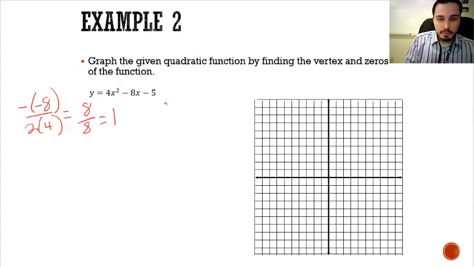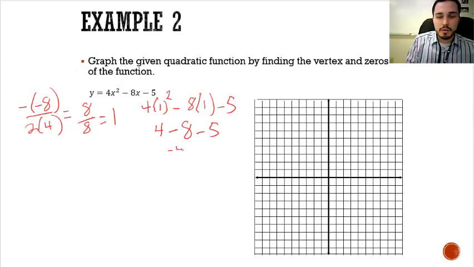If I plug 1 back in, I get 4 times 1 squared minus 8 times 1 minus 5. Okay, so simplify that. That's 4 minus 8 minus 5. 4 minus 8 is negative 4, and minus that other 5 makes negative 9. So then my ordered pair for this is 1, negative 9.